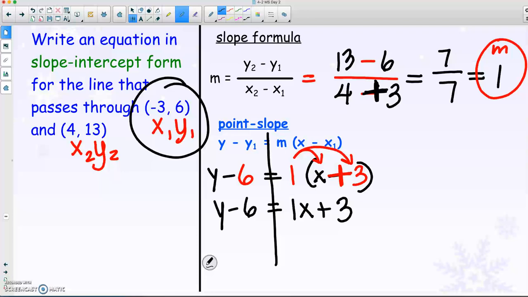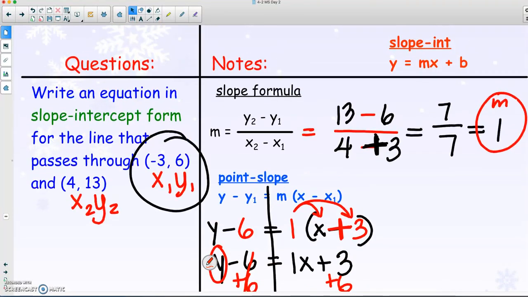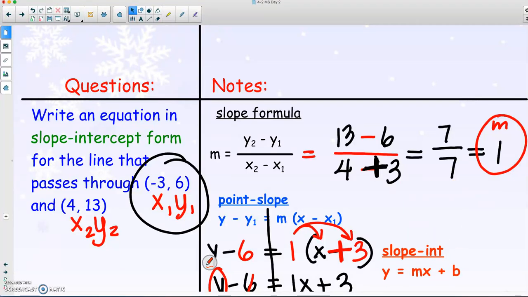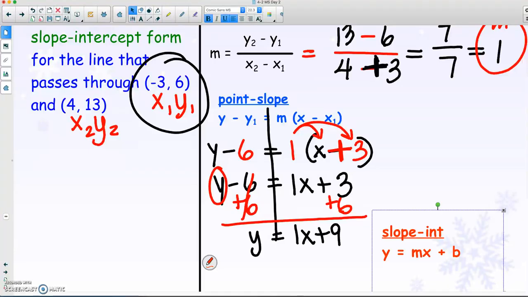So y minus 6 equals 1x plus 3. Add 6 on both sides. So y equals 1x plus 9. So remember, we're starting out by finding the slope of the line, then plugging in a point slope, and solving it so that our final answer is in slope-intercept form. So we need y to be by itself.